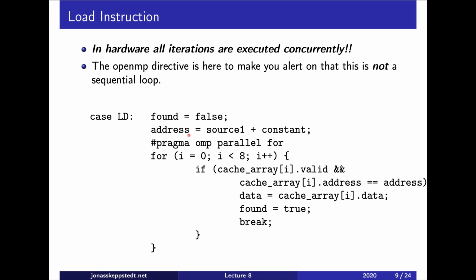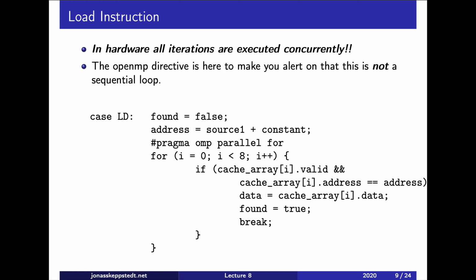In C code, this is a simple loop, but in hardware, this loop is not executed in sequence, but instead all iterations are done at the same time. This is very important, because a common way to lose points at the exam is to answer that doing this loop takes a lot of time, but there is no loop.